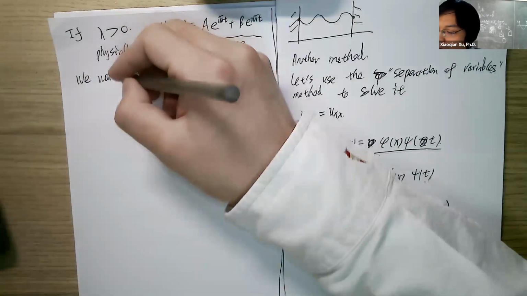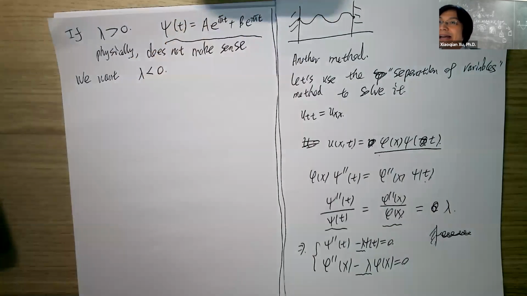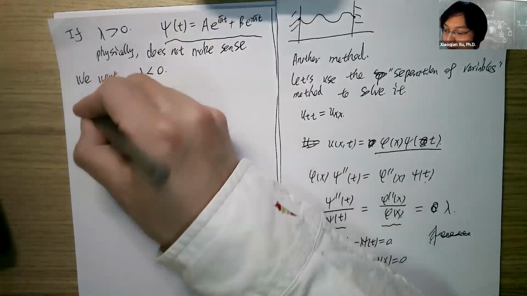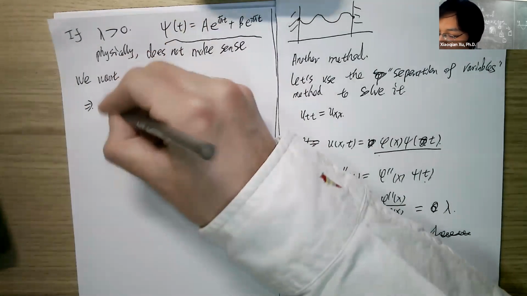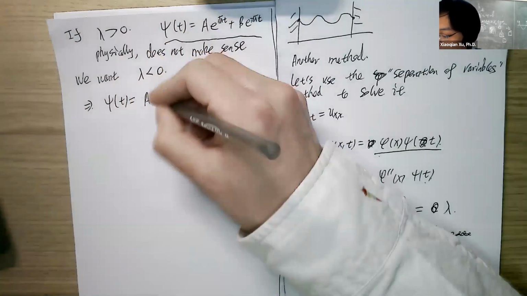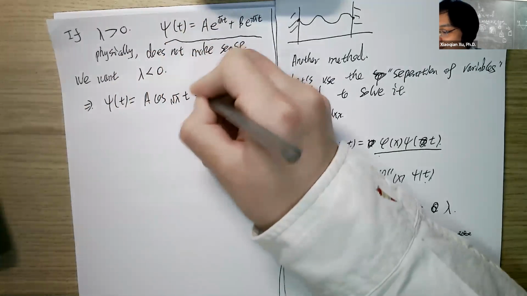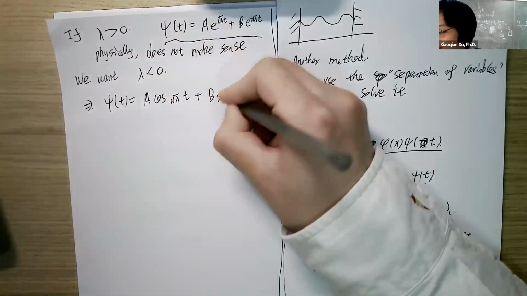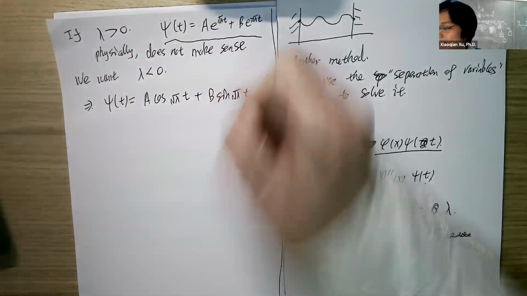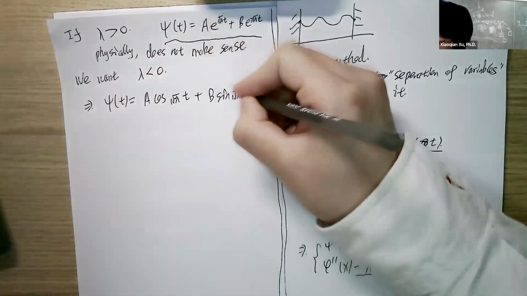So what we want is lambda a constant that is less than 0. Then what we will find is T(t) equals a times cosine of square root of minus lambda t plus b sine of square root of minus lambda t.